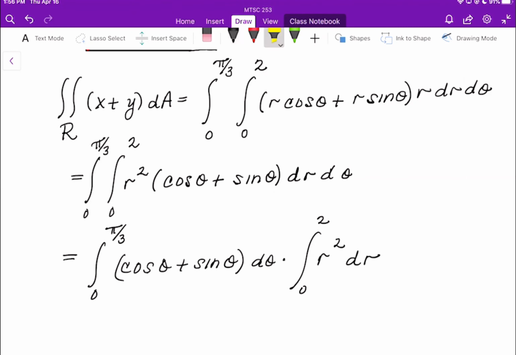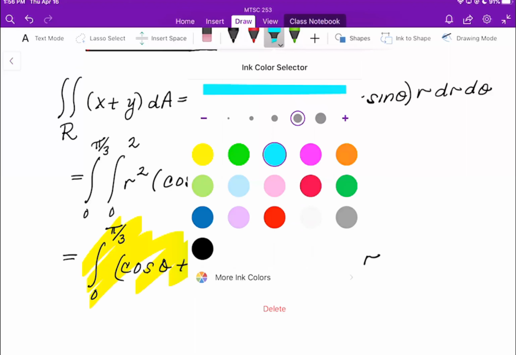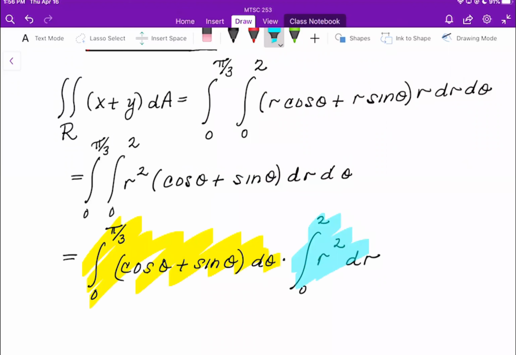So you can do that when they separate completely. Sometimes you can compute the integrals separately as well.